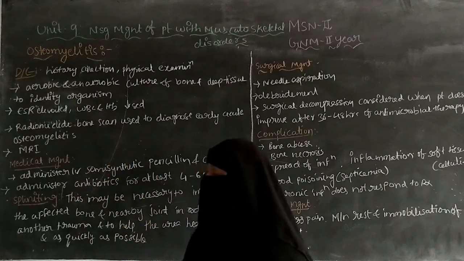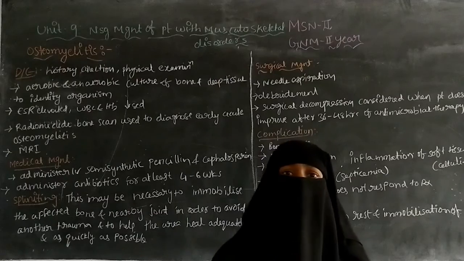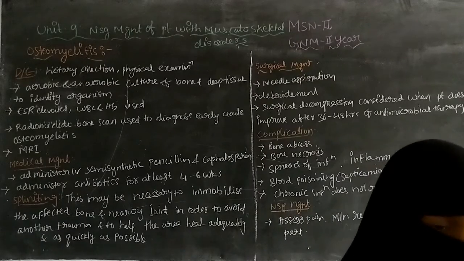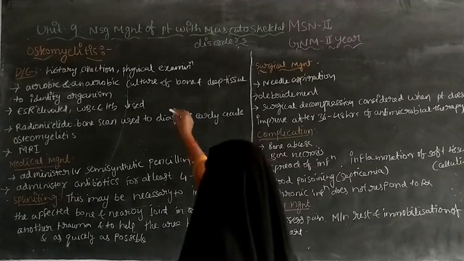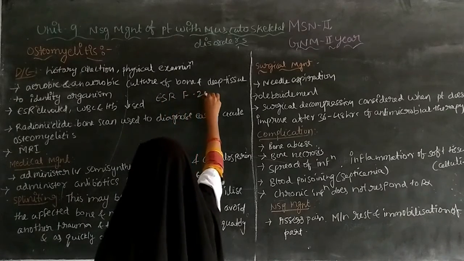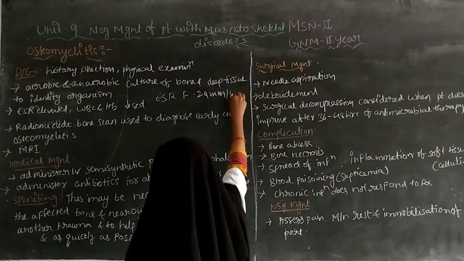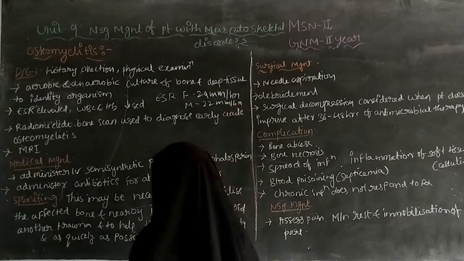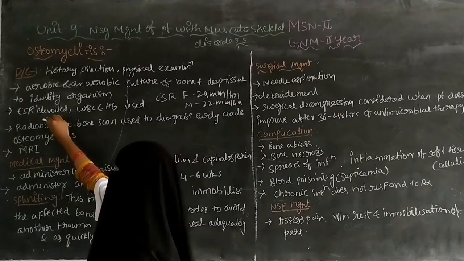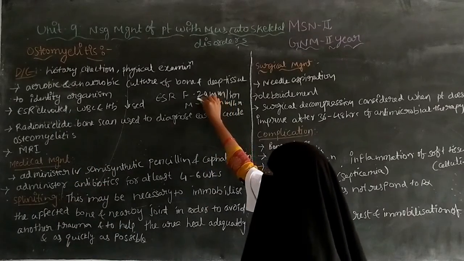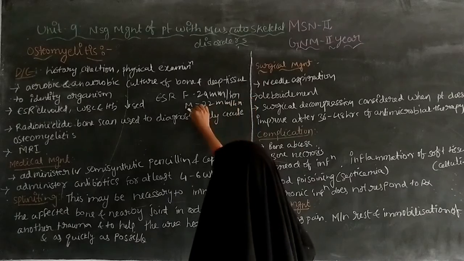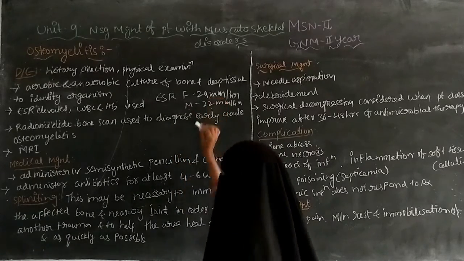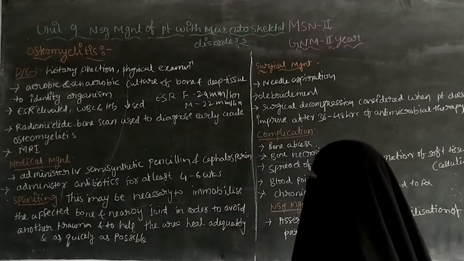The normal ESR is 22 millimeters per hour in males and 29 millimeters per hour in females. In osteomyelitis the ESR can be increased to more than 29 mm per hour.